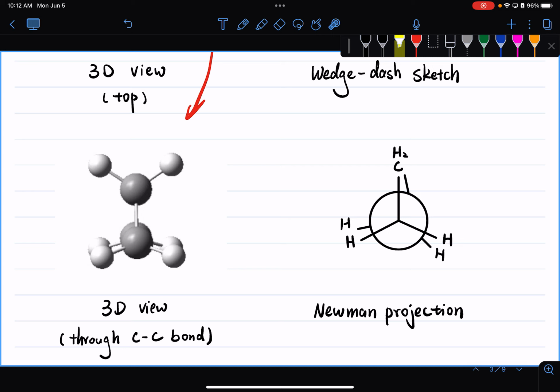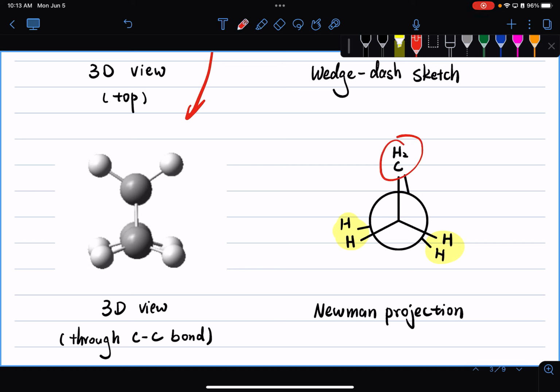Now, these hydrogens are all eclipsed with each other. And to make things worse, there is one CH2 on the top. This carbon is bonded to that CH2 in the back, and the bottom carbon is also bonded to the CH2 in the back in the same position.